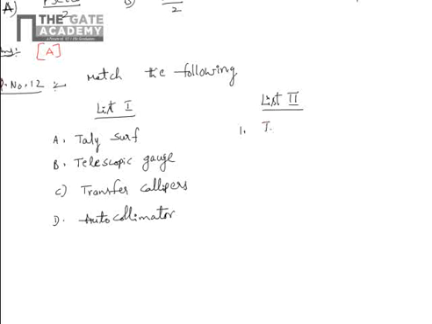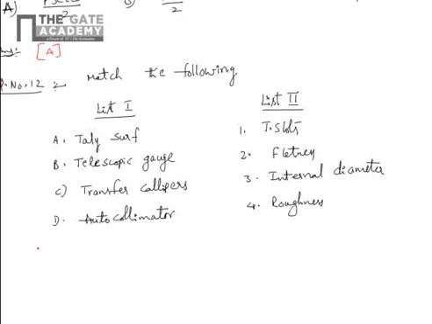List 2: 1, T slot, 2, flatness, 3, internal diameter, 4, roughness. Options: A, A4, B3, C2, D1.